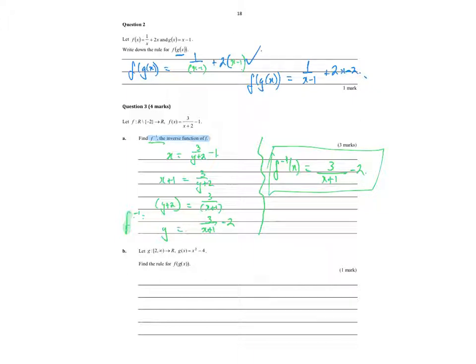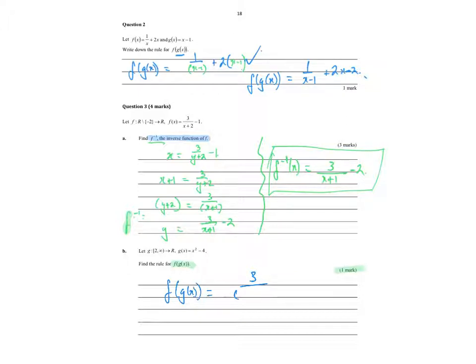All right, what have we got here? Find the rule for f of g of x. Again, no proving that it exists. It's a 1 mark question, so let's keep it pretty simple. It's part B of the same function. So I've got f of g of x is equal to f of x is 3 over x.